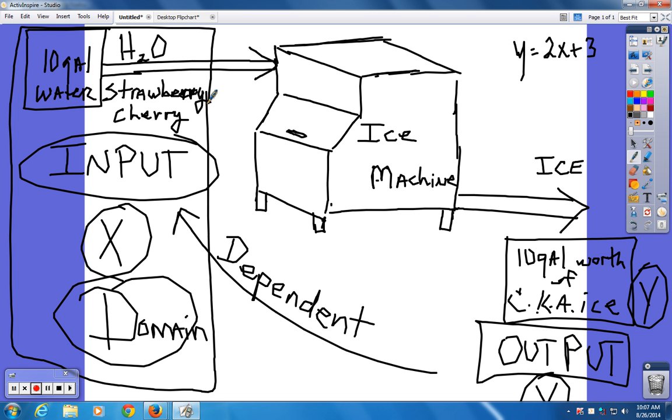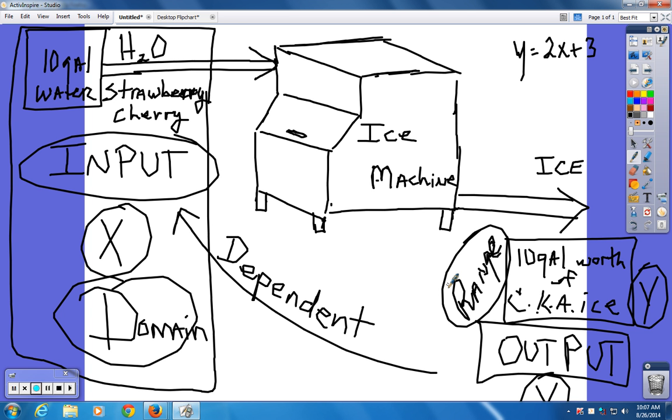And what is the alternate of the domain? And that's over here. The range is the counterpart to the domain.